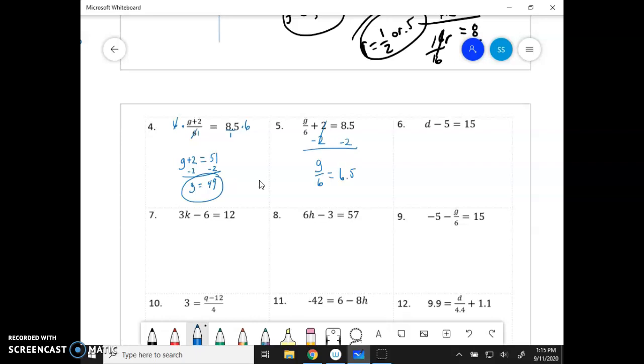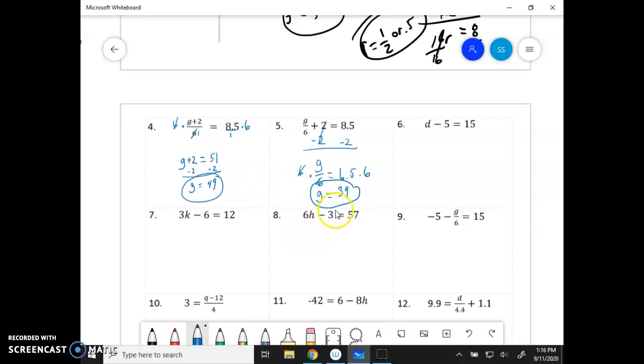Now to get g totally by itself, I just need to do the opposite of division and multiply by 6, which will cancel that out. I'll be left with g, and we multiply by 6 over there as well, and I should be left with 39. 6.5 times 6 is 39. Okay, hopefully that makes sense.